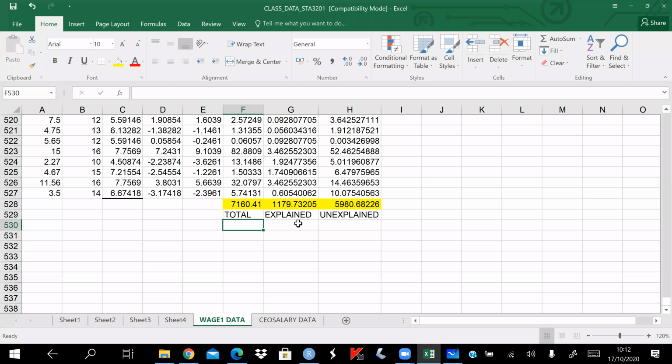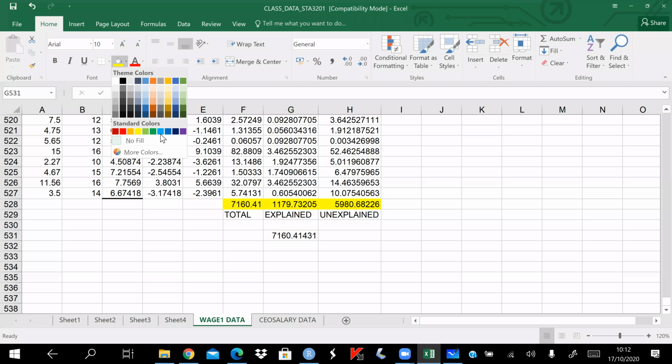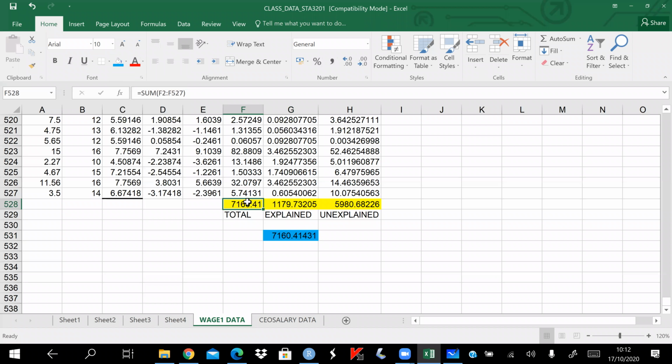From basic algebra, I expect that if I take the explained variation plus the unexplained variation, I should get the total variation. So if I take this plus this, I expect to get 7160.41. You'll get that. It's exactly the same. So you find that this number is exactly equal to this.